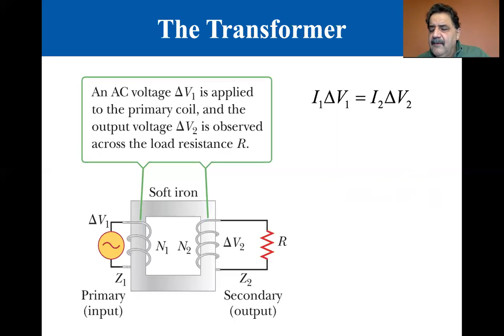You don't have the current capability that you have on the other side, because we have conservation of energy, so the power is going to be the same. And most of the time you don't have a perfect transformer. You're going to get 90 to 95% efficiency, so you're going to lose a little bit of power on the other side.